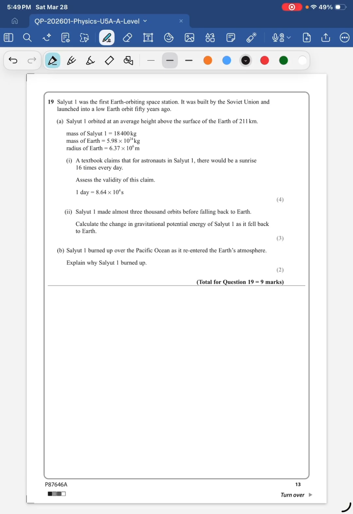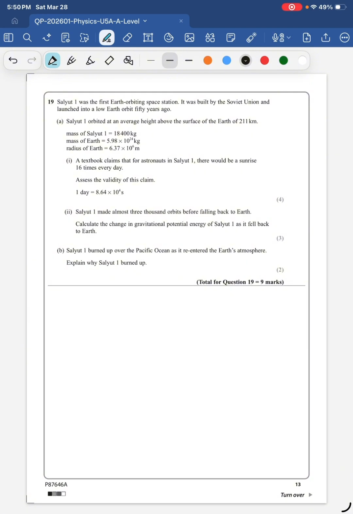A. Salyut 1 orbited at an average height above the surface of the Earth of 211 kilometers. The mass of Salyut 1 is 18,400 kilograms. The mass of Earth is 5.98 times 10 to the 24 kilograms. And the radius of Earth is 6.37 times 10 to the 6 meters. Question I. A textbook claims that for astronauts in Salyut 1, there will be a sunrise 16 times every day.